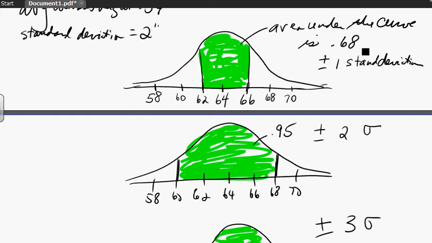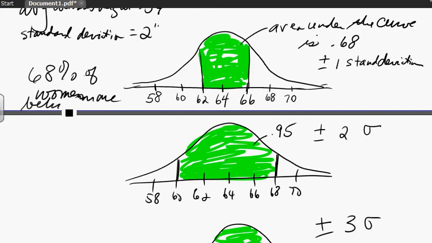That 0.68 means that 68% of women are between what heights?